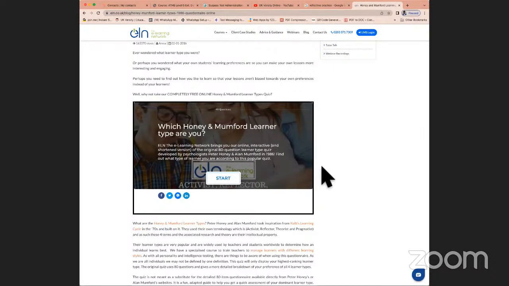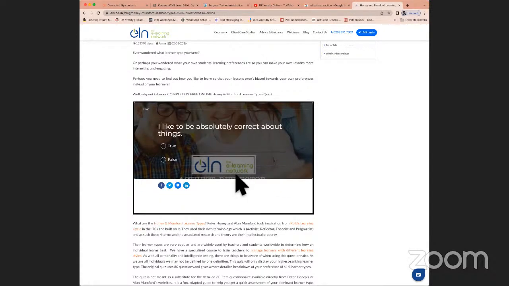At the end of it, when you give the answers, it will give you a result. And that result is what you need to screenshot and keep in an email, so that we know what kind of learning style you have when you undertake this questionnaire.